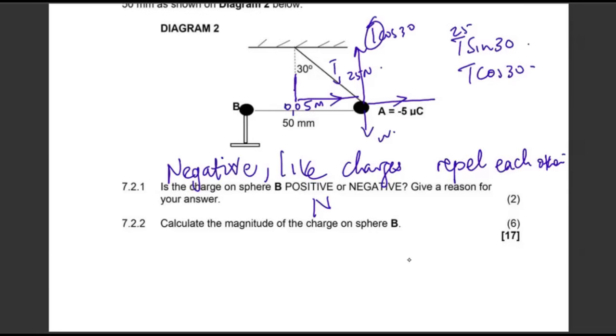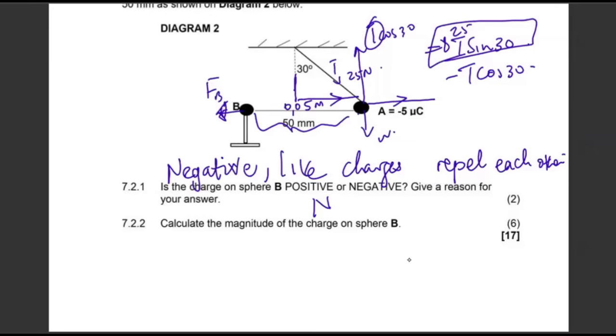But that is not a big deal because we already have what the T is. All we need is the force acting between these spheres, which is a repulsive force, meaning that this force at B should be equivalent to the horizontal tension. I don't know, that's my understanding of this.